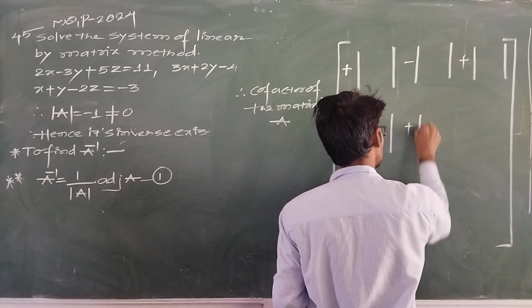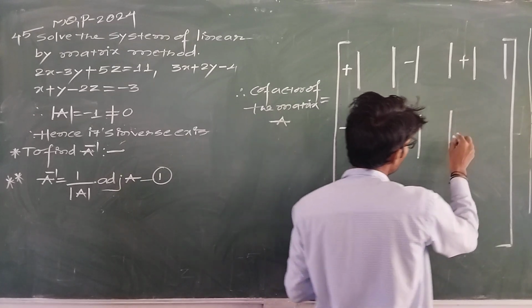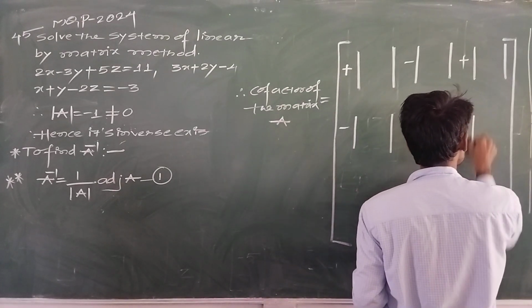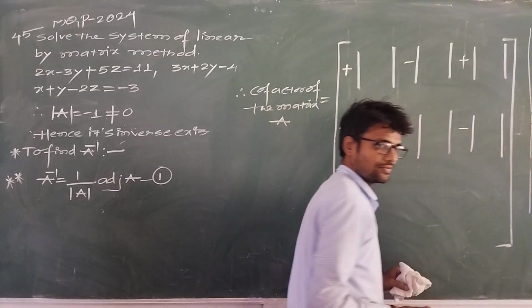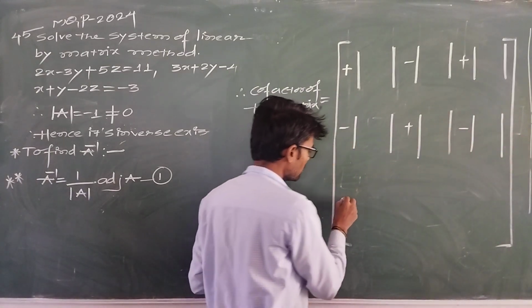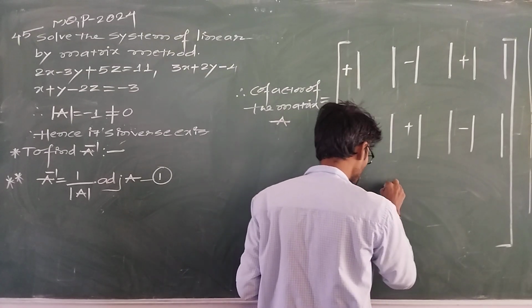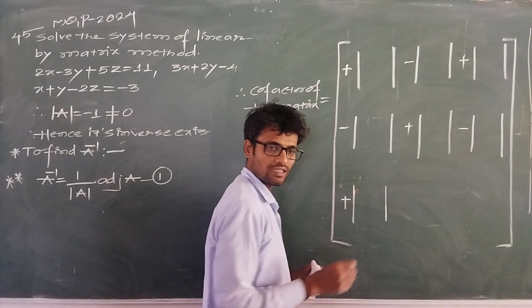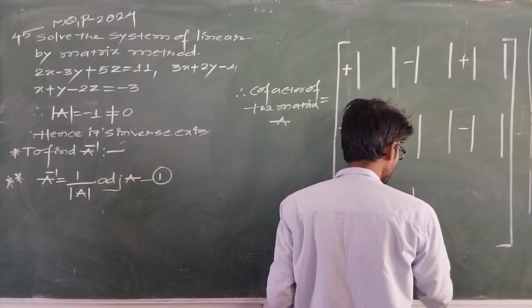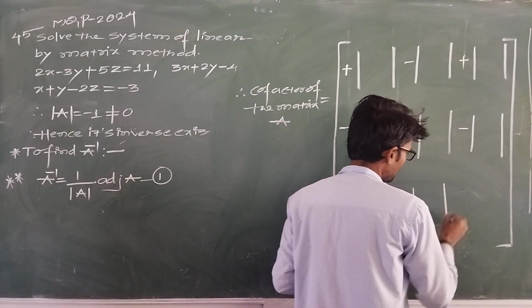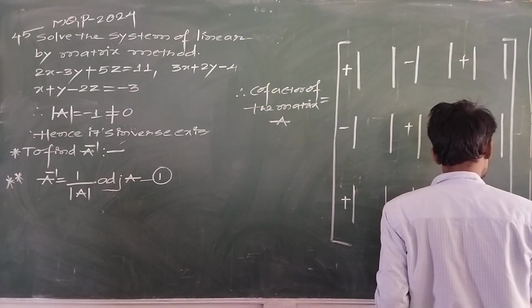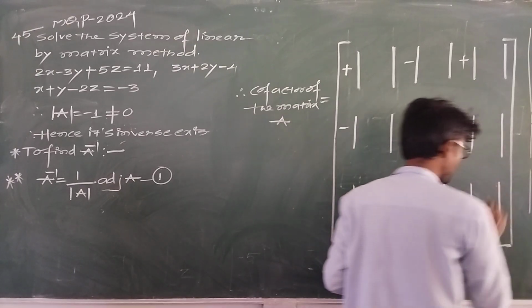After that you write plus, keep the symbol of determinant. Next you write minus, keep the symbol of determinant. After that plus, then minus, then plus, then minus, then plus, each with the symbol of determinant. So this is very important.